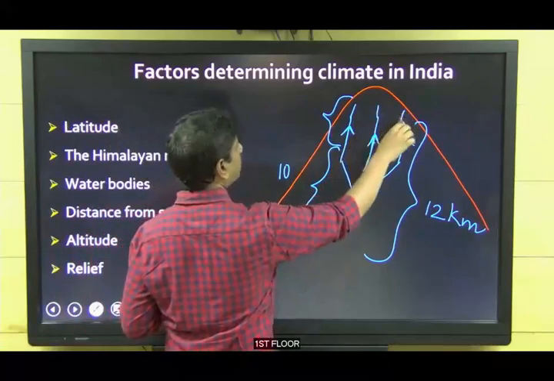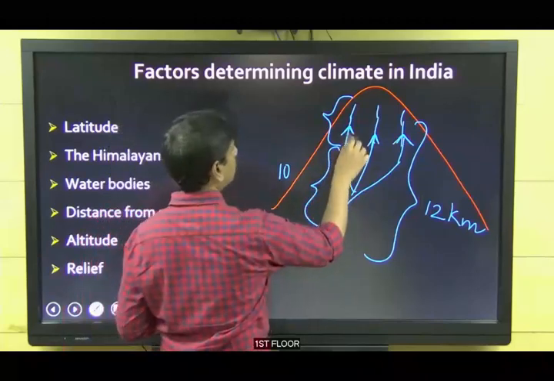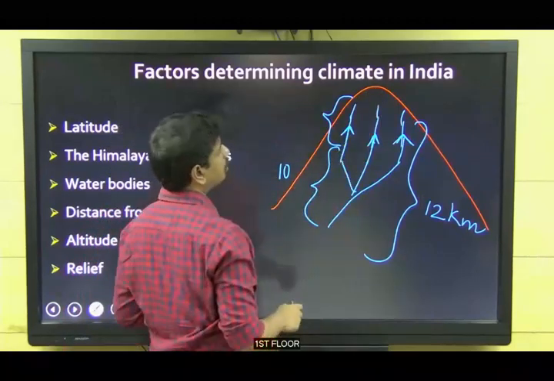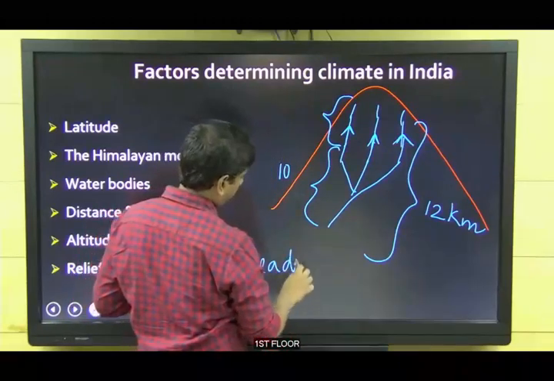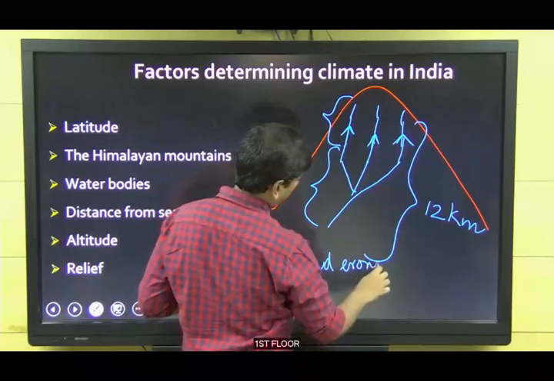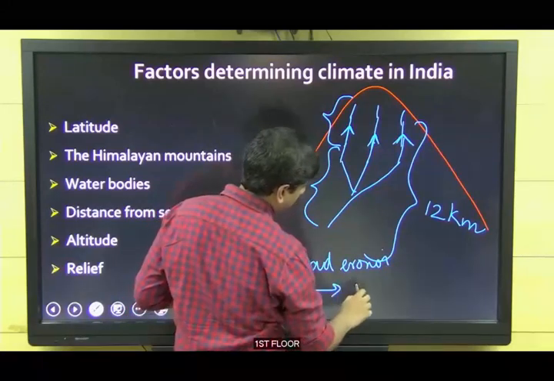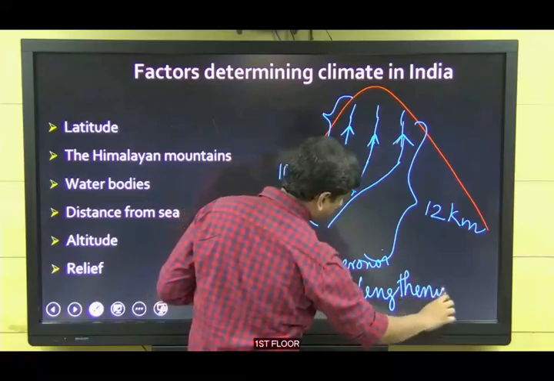This is happening because of the slow eroding property of the river towards the headward side. So headward erosion will result in lengthening of the river. The length of the river will be increased.